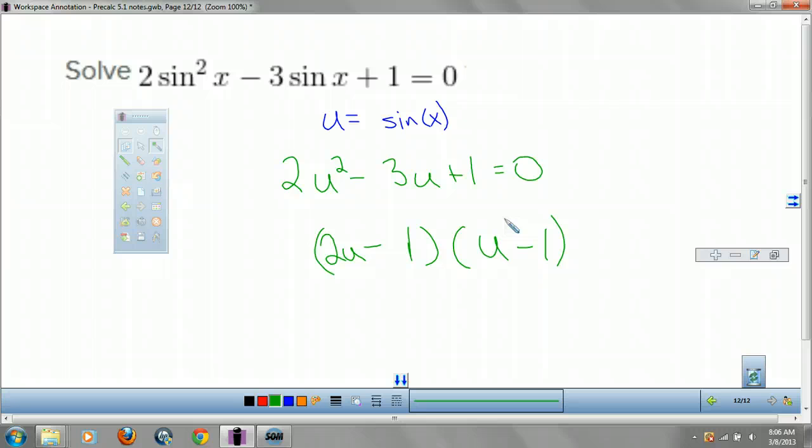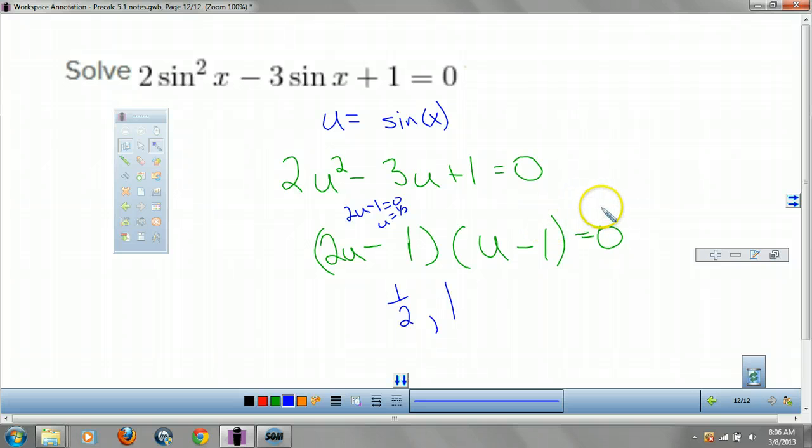If you need a quadratic, use it. And that equals 0. So according to the zero product property, my solutions are 1/2, because 2u minus 1 equals 0 when u equals 1/2, and 1, because u minus 1 is 0.